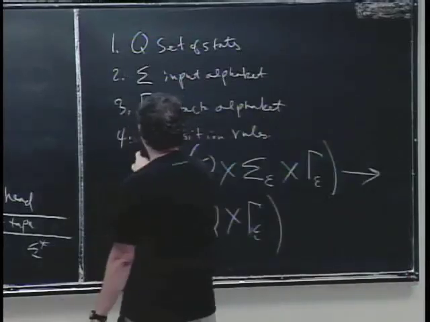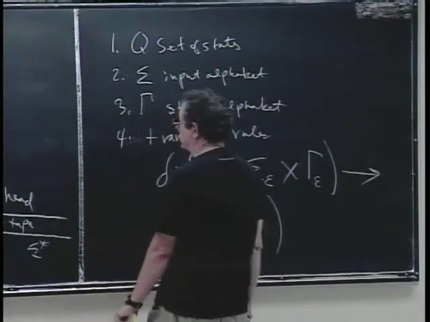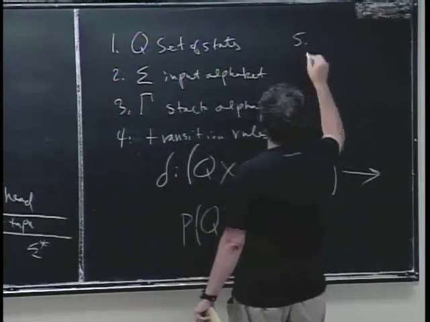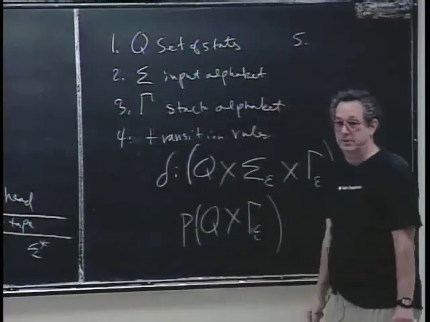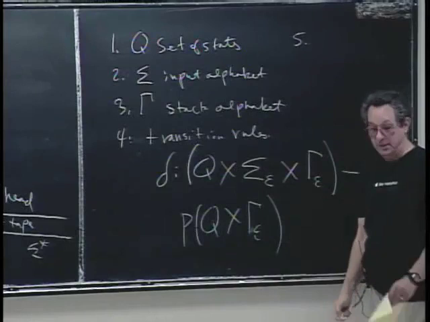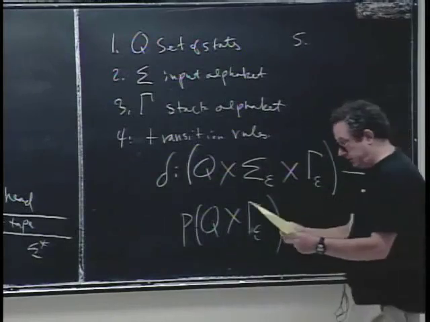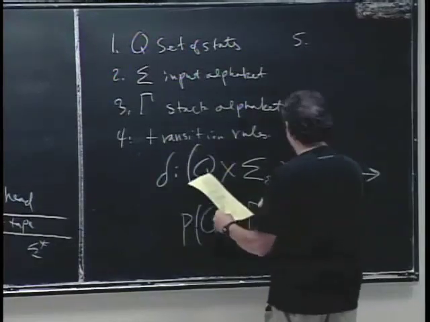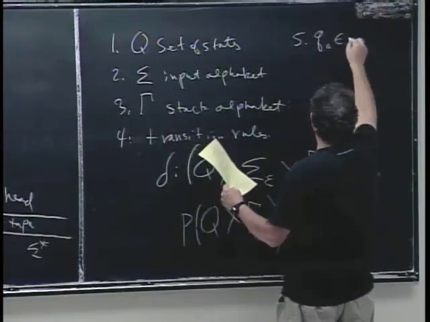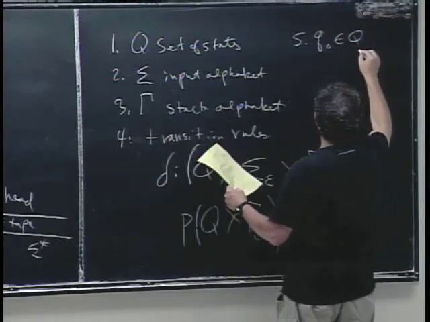So this was 4. Now we have a 5 and 6. What else haven't we specified yet that we typically specify in a machine? Start and accept states. So there'll be one start state.